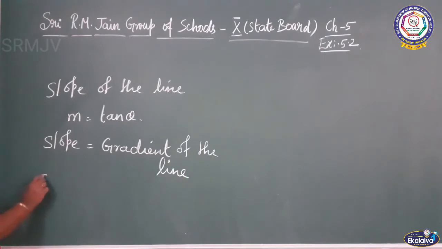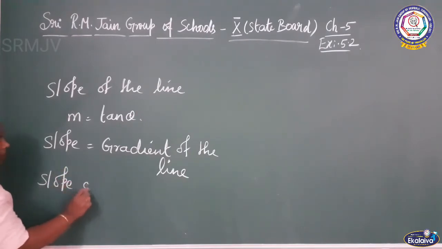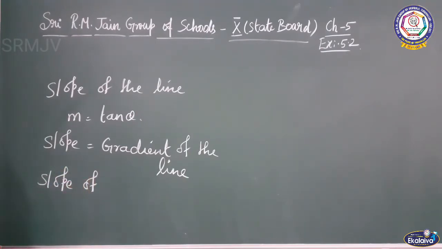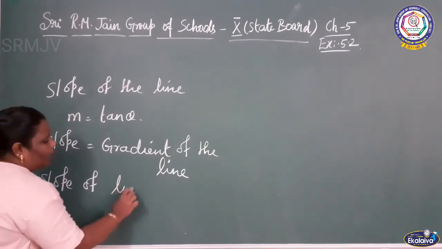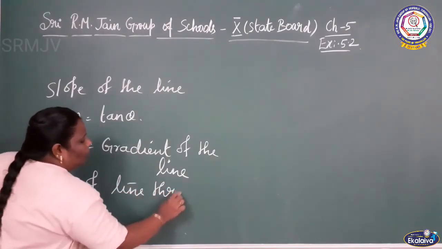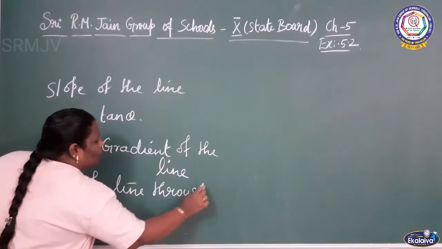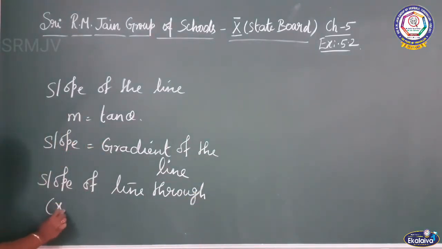Okay, so the slope of the line through 2 Cartesian points, that is x1, y1 and x2, y2.